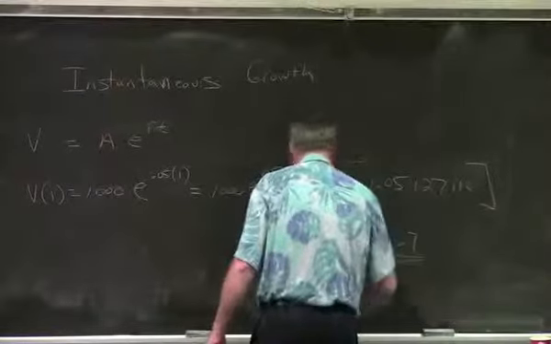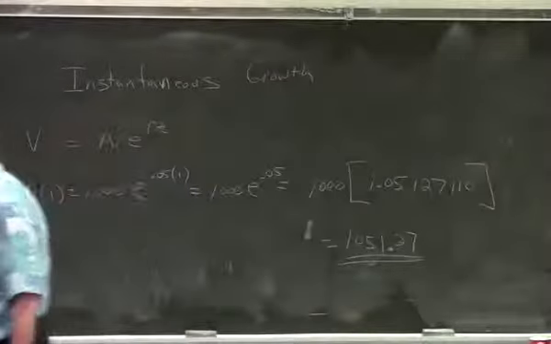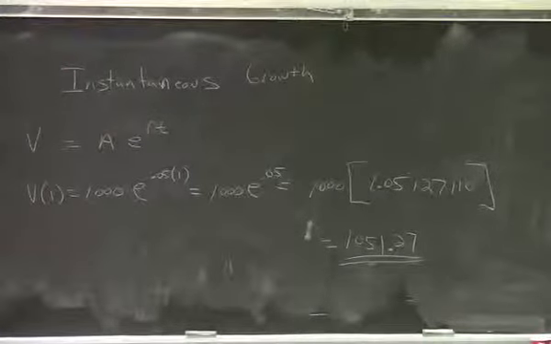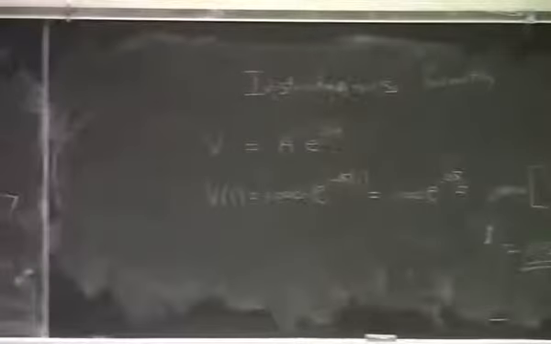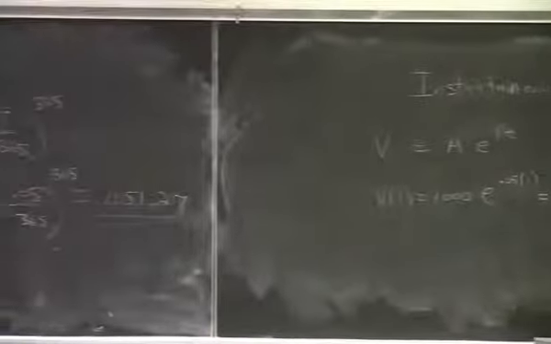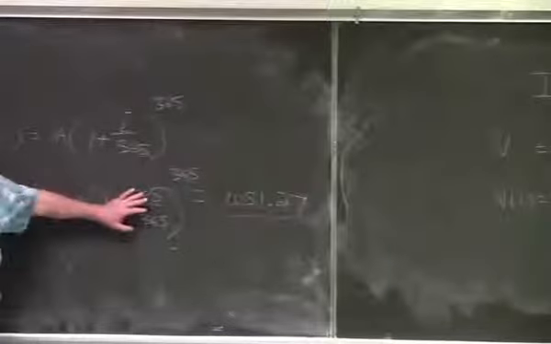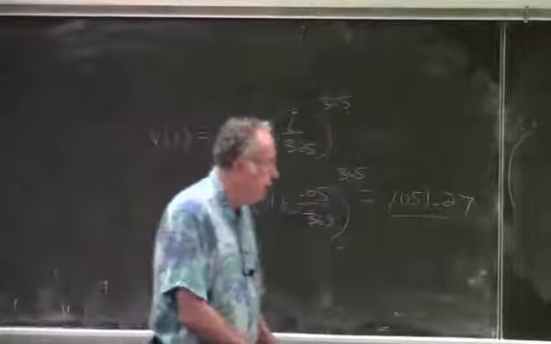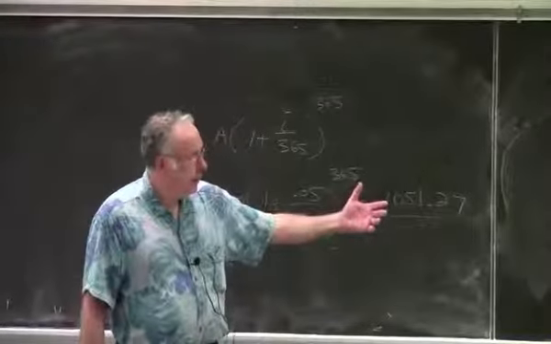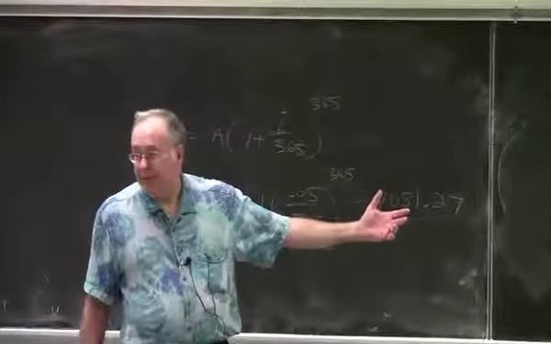And what's interesting about this, it's the same, Matthew, as what you gave me earlier for daily compounding. The difference between instantaneous compounding and daily compounding is the same to the nearest penny in this case.